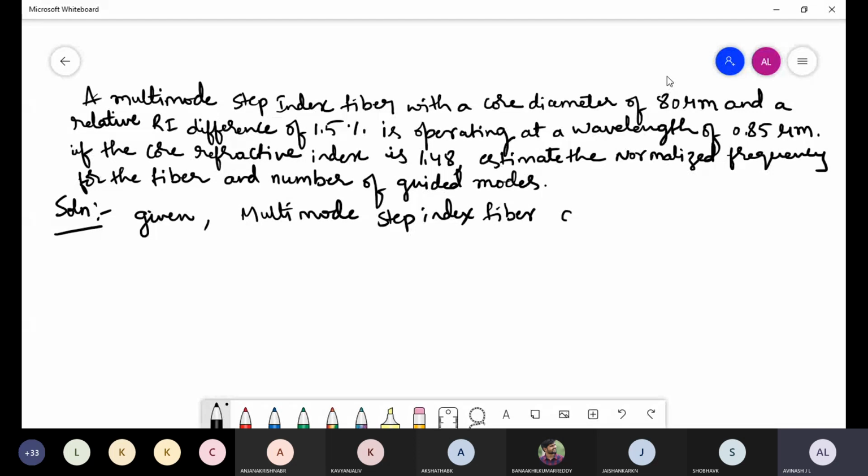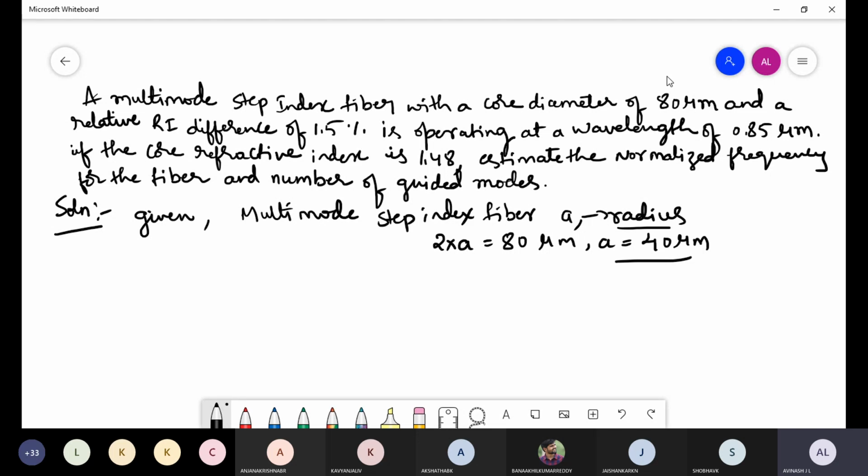Here a represents the radius. We know that 2 into radius equals diameter, so 2a equals 80 micrometer, therefore a equals 40 micrometer. If they give the core radius, you can take the a value directly, but if they give a diameter, 2a equals 80 micrometer, a equals 40 micrometer.